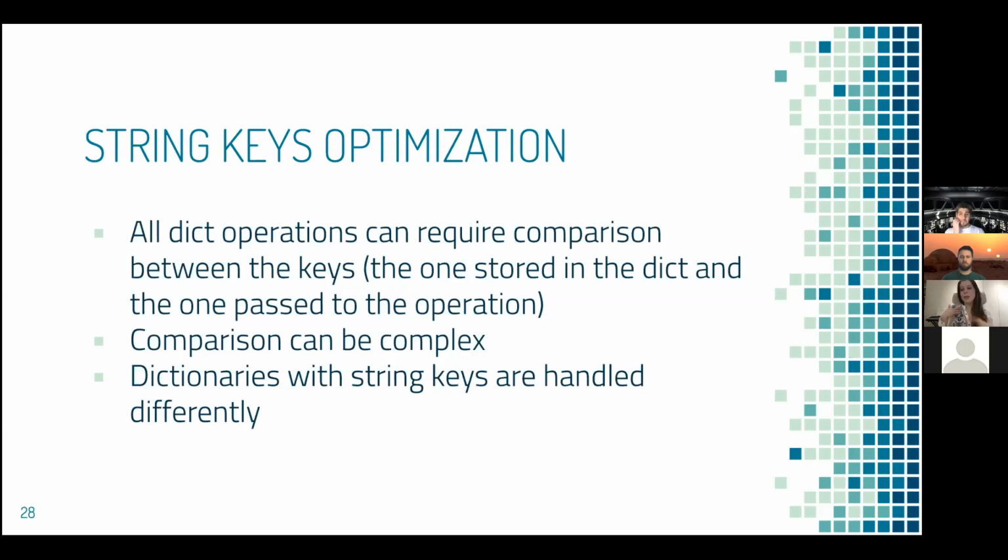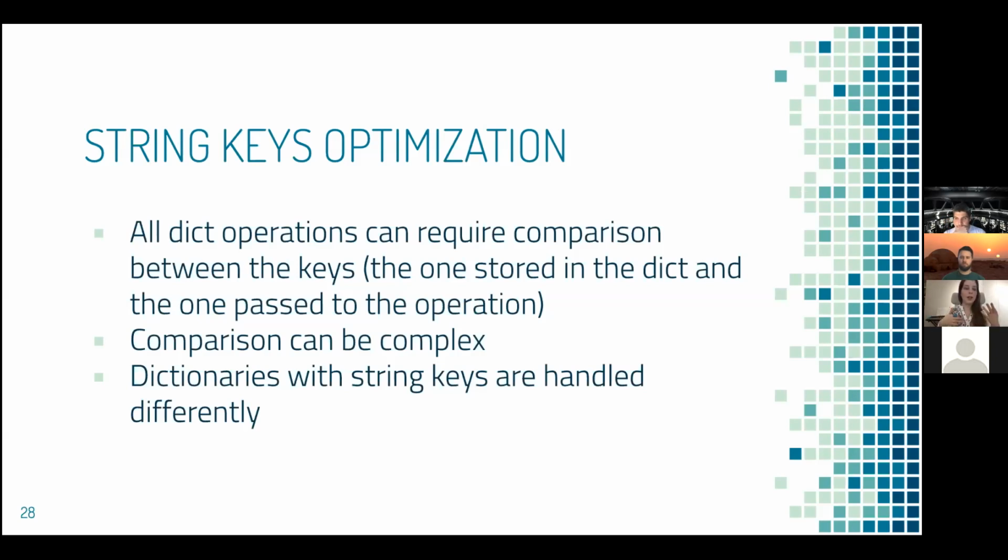The optimization I want to talk about next was string key optimization. Everything you do with dictionaries requires you to compare keys, right? If you want to insert something, you compare to the keys you have. If you want to check if the value stored inside the key is the same as something else, you also have to compare. So you have to do a lot of comparisons.